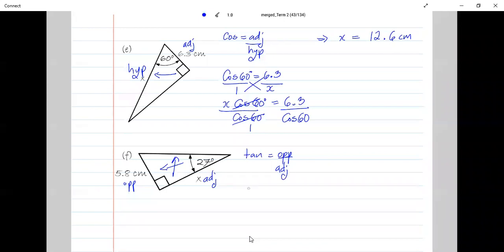And so the tangent of 27 degrees. And remember, every time you write sine, cosine, or tangent, the next thing you must write is the angle. So this is equal to the opposite side, which is 5.8, over the adjacent side, which is x. If I have one fraction equal to one fraction, I'm going to cross multiply.